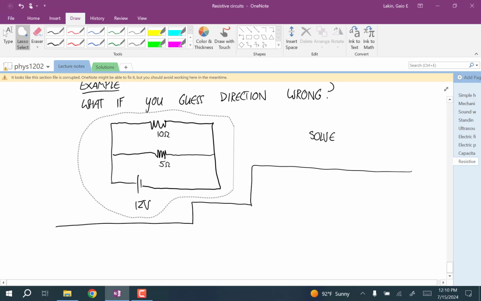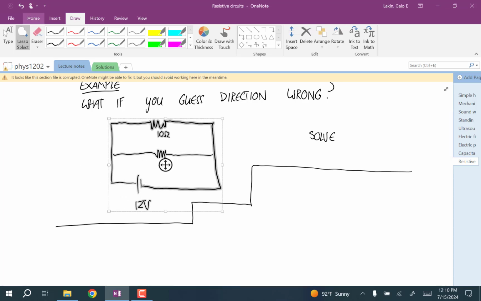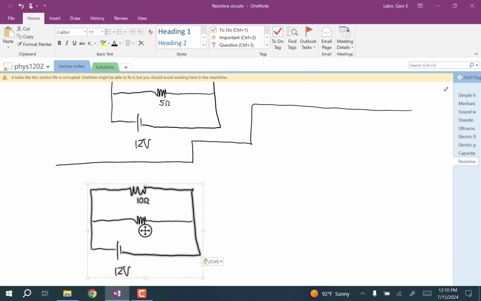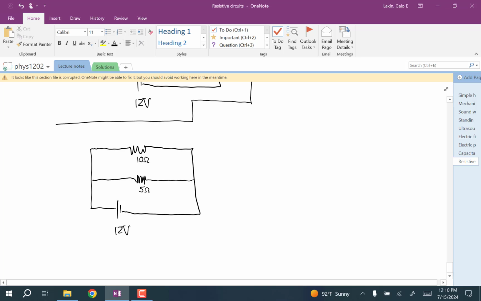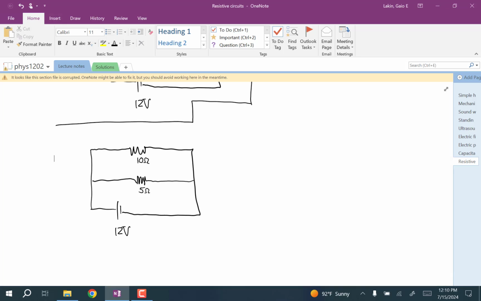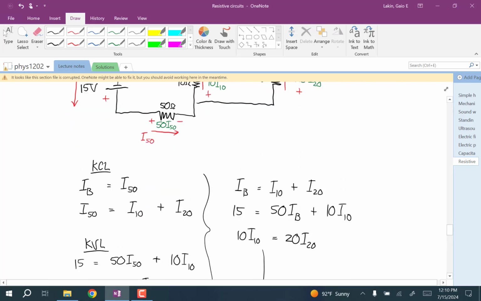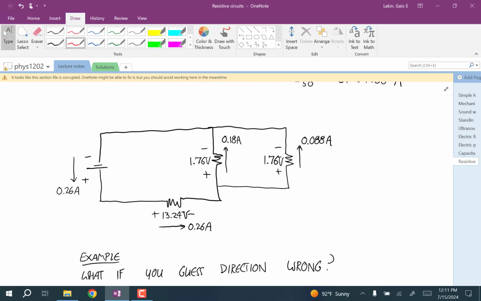Okay, so the first step is that you use that fluid flow analogy to guess the direction of the different currents, and therefore the voltage polarities. So let's say, what color did I use before? So I'm going to do these in red.